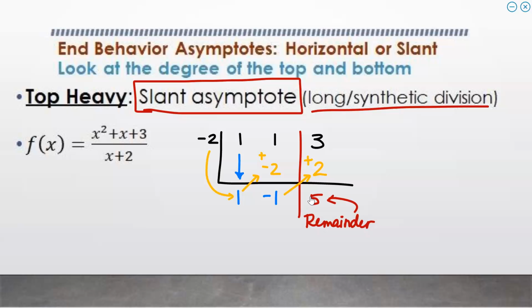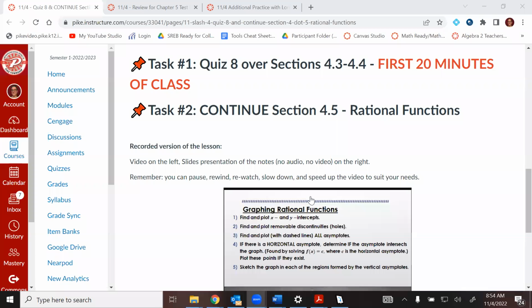That way, during that 20-minute time period, I can answer questions and do more examples and make sure that you understand it. That is the only day on the calendar that we have for this. Wednesday, we review, and Thursday is your test.